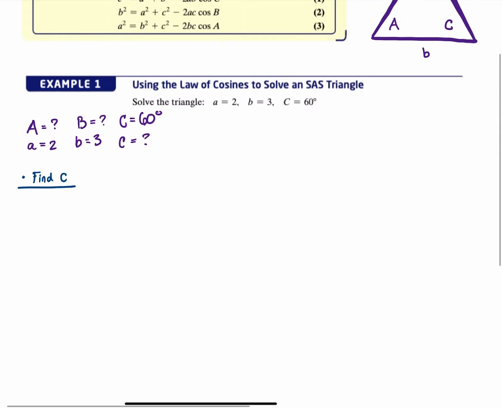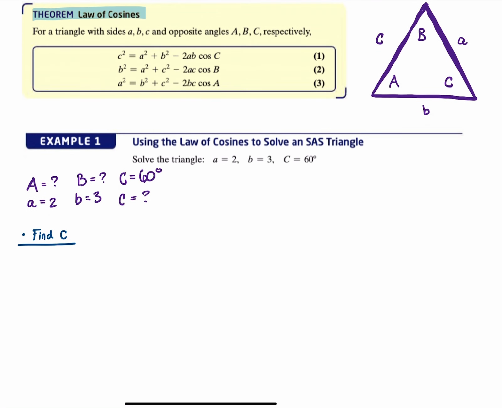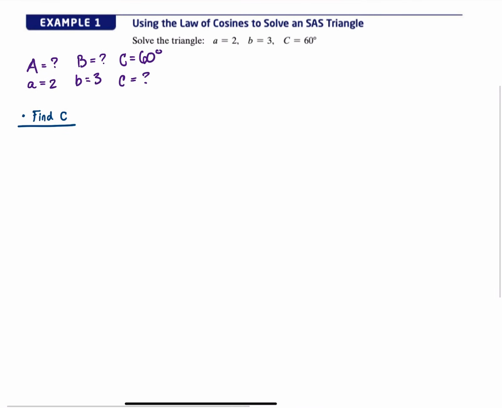So that means I'll use this first equation, which is already solved for c squared. We'll just end up taking the square root at the end. So let me write out the formula here first.